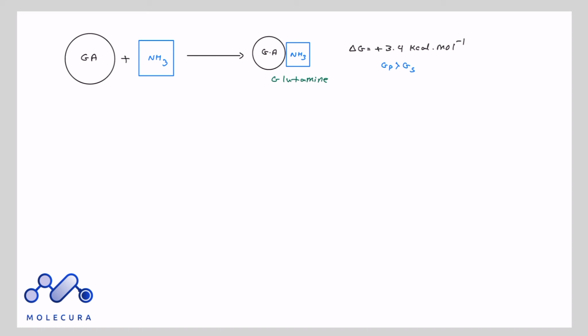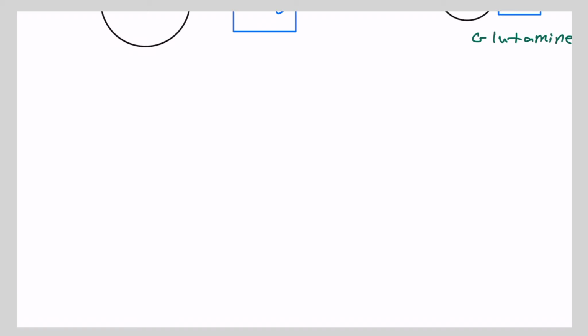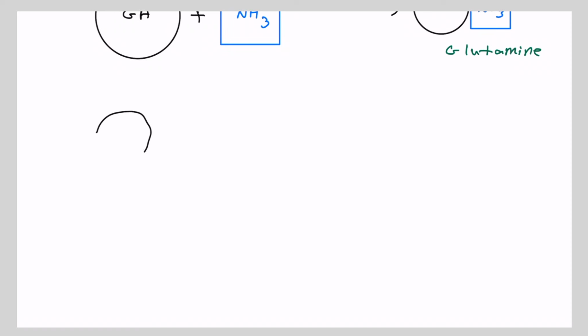So we're going to try to draw the reaction with addition of ATP. Basically our ATP is going to get hydrolyzed. So this is our glutamic acid. It's going to be reacting with ATP.